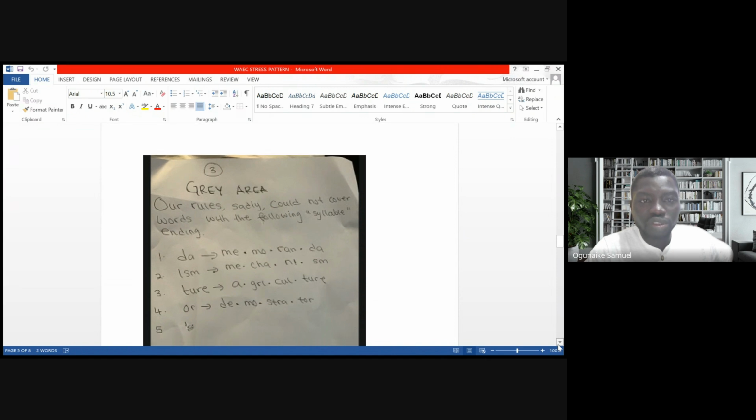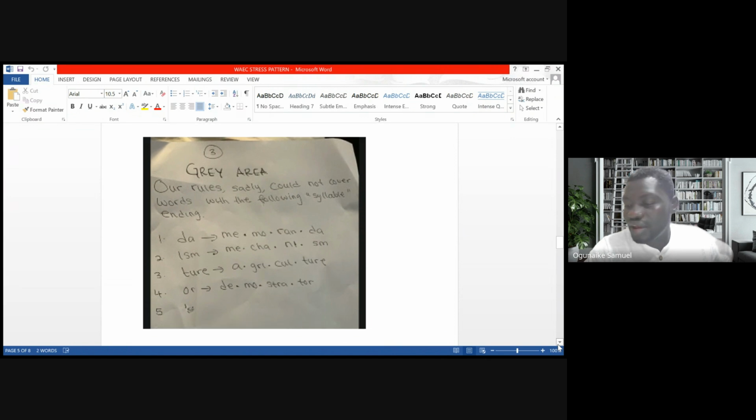But then we have some trouble, and I refer to them as the gray areas. For the gray areas, our rules sadly could not cover words with the following syllables. There is no consistent rule about them. For ISM, you might be asked to try the third syllable, but that's not true for everyone. For TURE, you might be asked to try the second syllable, but that's not true for everyone.